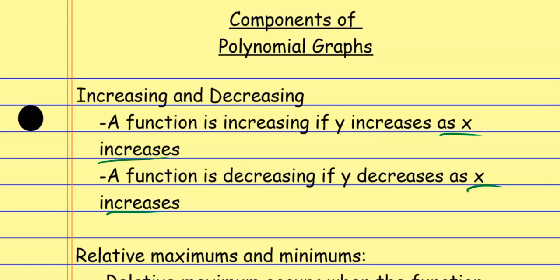We visually see it in terms of the function going up or down, but we label it in terms of left and right, okay? And you'll see that in a moment when we get to the graph. That's the thing that's tricky, is the labeling, because we label it using a different component, a different dimension of the graph than we use to identify it, okay?